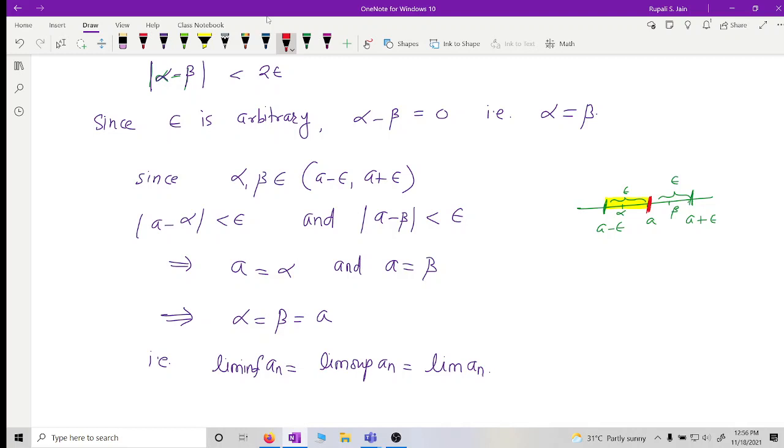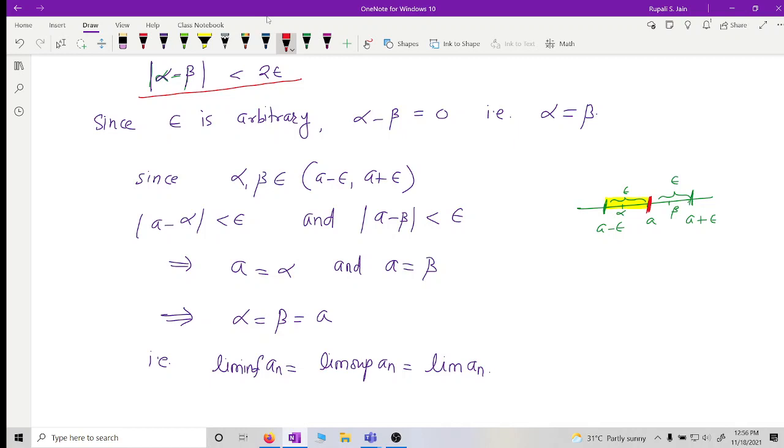A is in center and alpha and beta may be within this 2 epsilon distance, but A is in center, therefore distance between alpha and A must be less than epsilon, and distance between beta and A also must be less than epsilon. And here we have written distance between alpha and beta is 2 epsilon because we don't know. It may be here, it may be here, somewhere here.